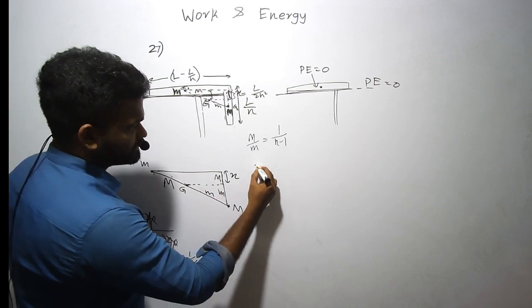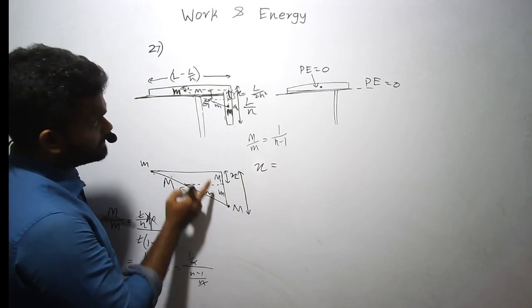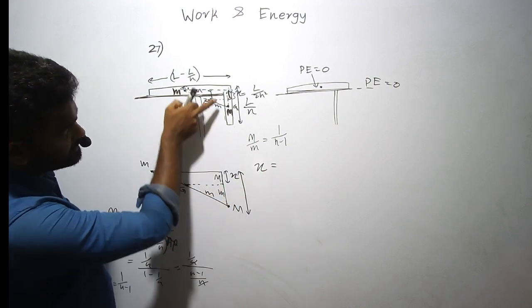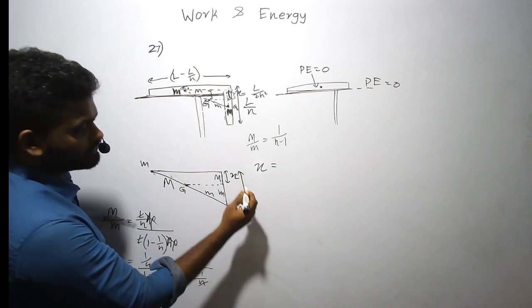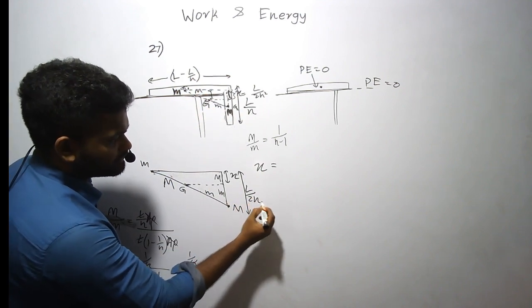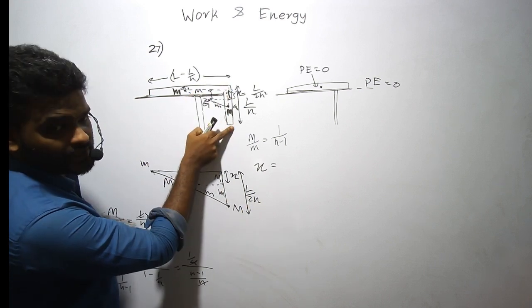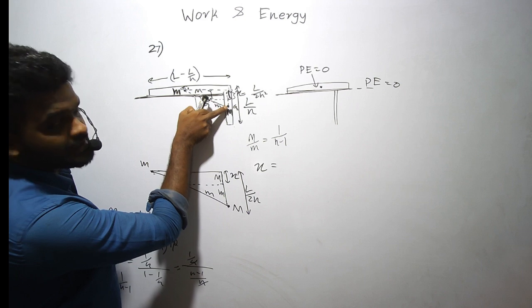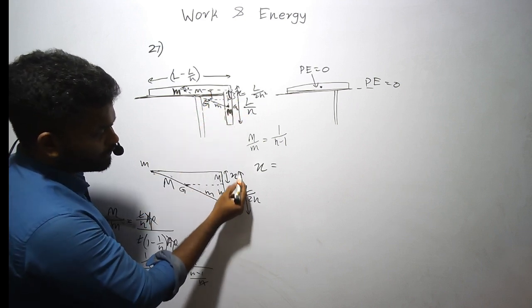So what is x? The total length here. What is this length? This length is half of L over N, which is L over 2N. You understand that? This length is the total length L over N, but the triangle is at the center, so it is L over 2N.